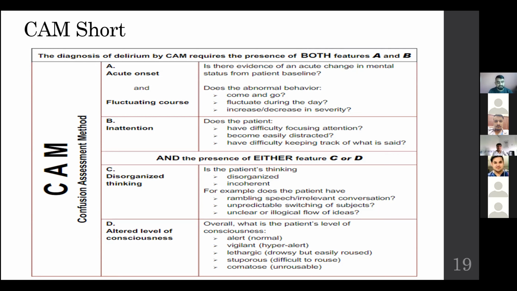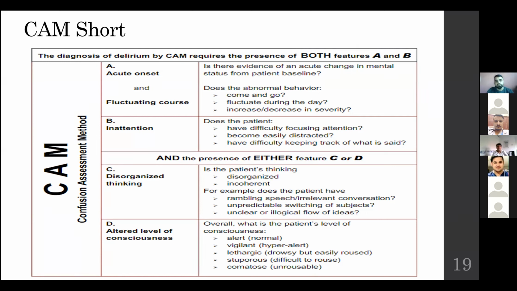Disorganized thinking is defined as irrelevant conversation, unclear ideas, and unpredictable switching from object to object. If one of C or D is present with A and B, we can call the patient delirious.